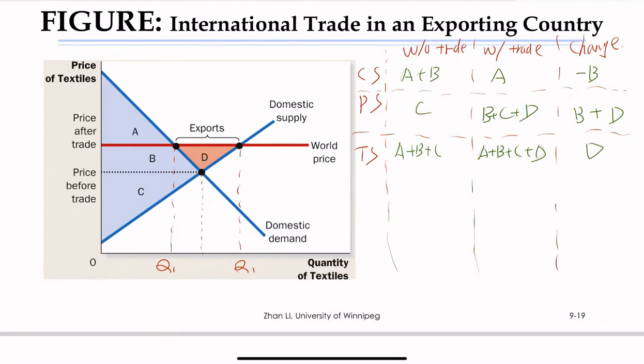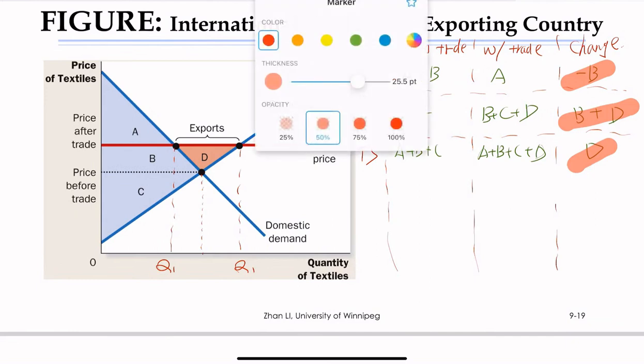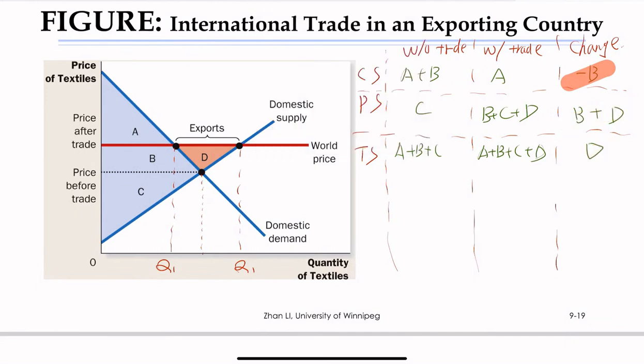Now let's focus on these three numbers, right? What can you see here? Well, okay, so these three numbers. What can you see here is after the country becomes an exporter, consumer surplus decreases, right?